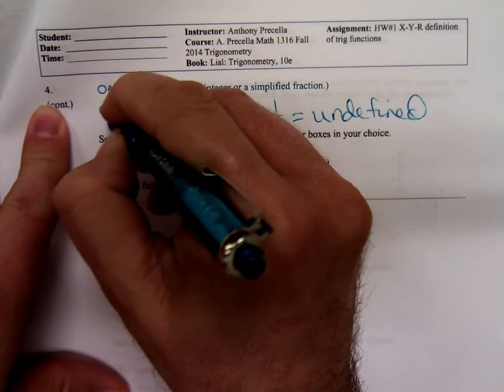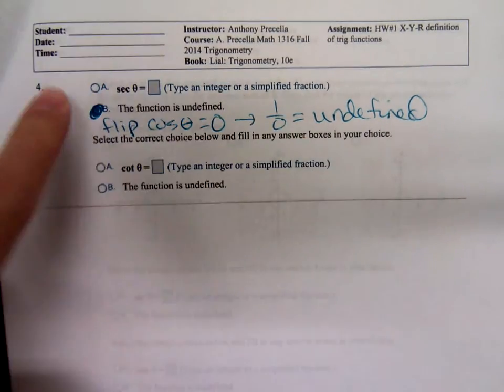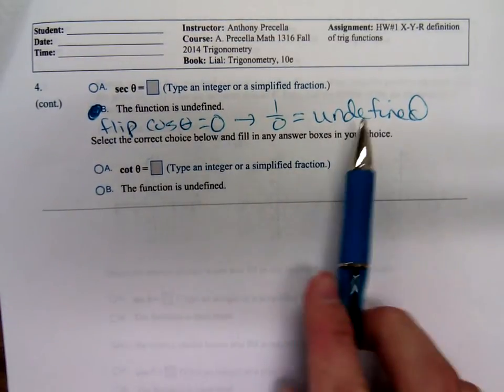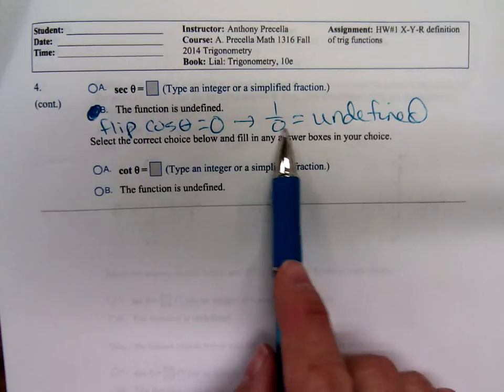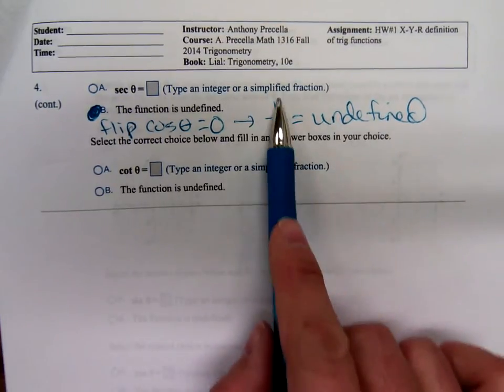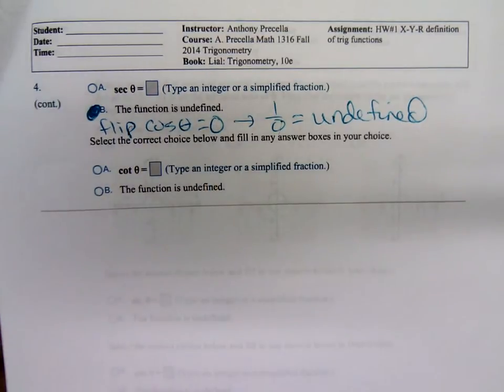So informally, what am I saying? The reciprocal of 0 is undefined. What about flipping undefined? The reciprocal of undefined, the reciprocal of 1 over 0, would be 0. And that's going to be used on the next statement.